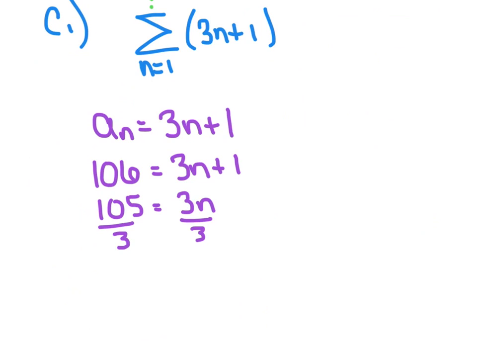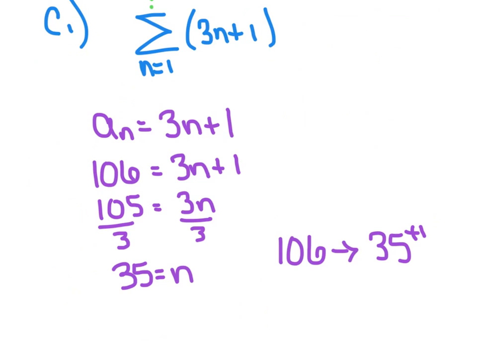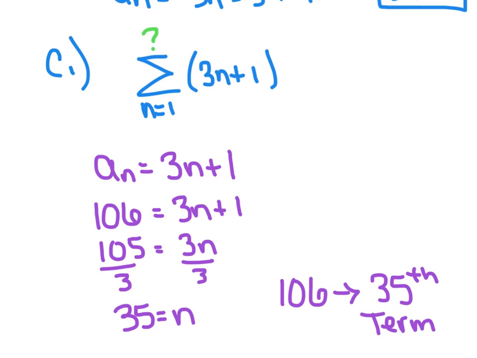And 105 divided by 3, I'm going to double check this so I don't screw it up. 35 equals n. So here's what I'm trying to say, 106 is the 35th term within this arithmetic sequence. So what that means is I want the sum of the first 35 terms, and I'm going to replace my question mark with a 35 right there, and then let's go evaluate it on our calculators and just make sure we got the same sum when we're all done.